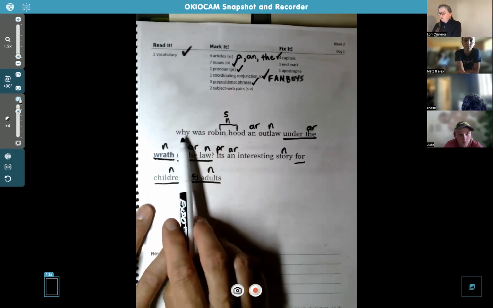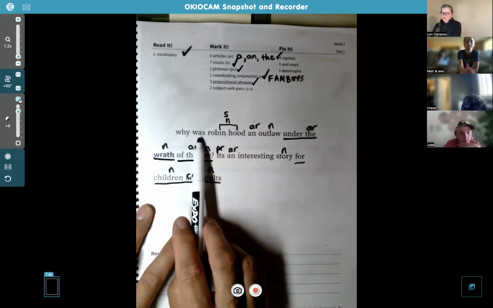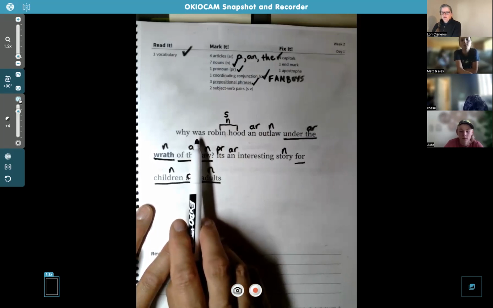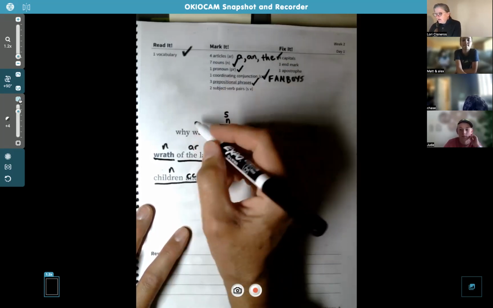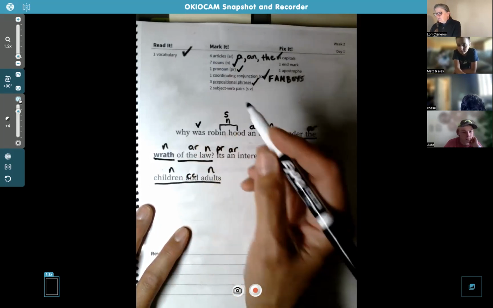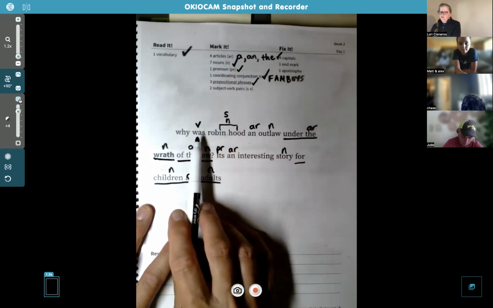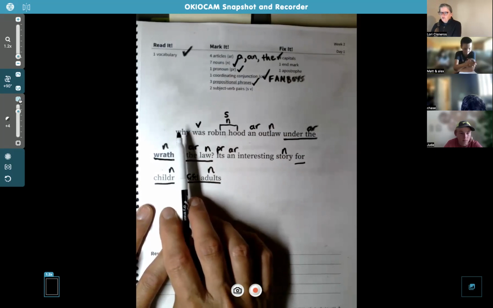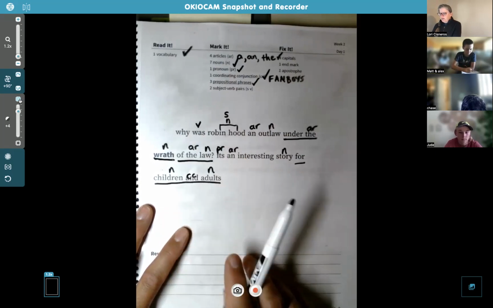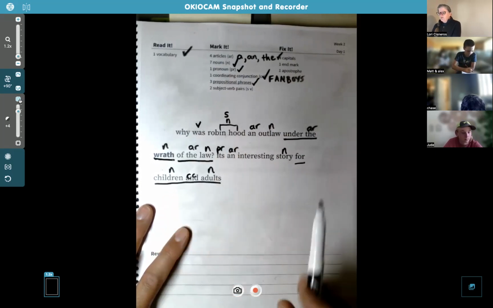So it's either going to be "why" or "was." "Was" as a verb. Was? Yes, that's right. Because "was," remember we talked about linking and helping verbs. This is a linking verb. It's connecting the first word of the sentence to the subject here. Okay. Why was. So good.